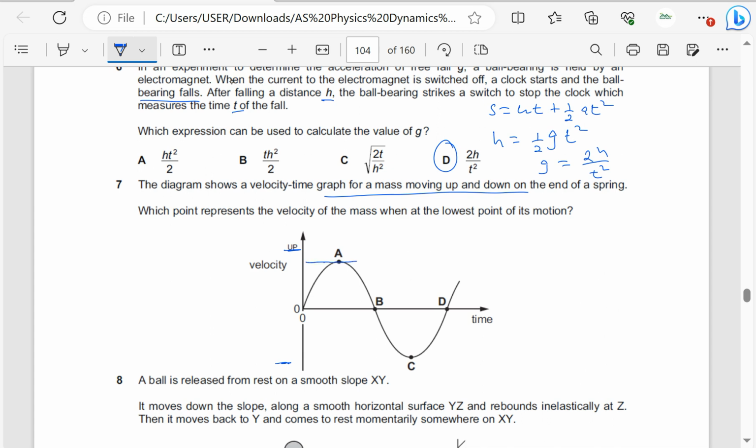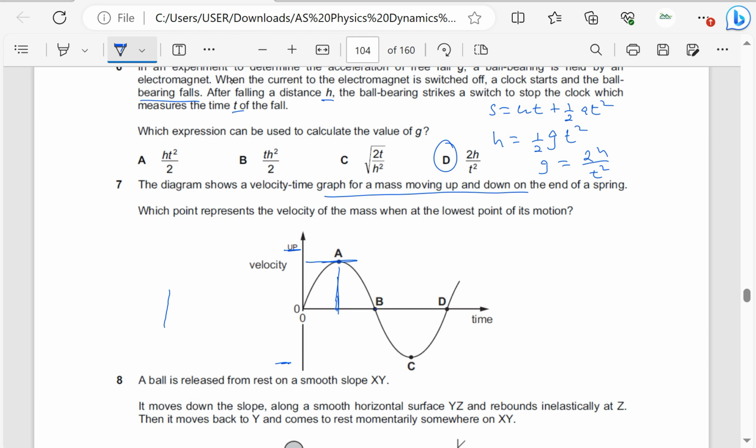Here the velocity is maximum, as it is passing the equilibrium position. Velocity is maximum at the equilibrium position. So it was going upwards.